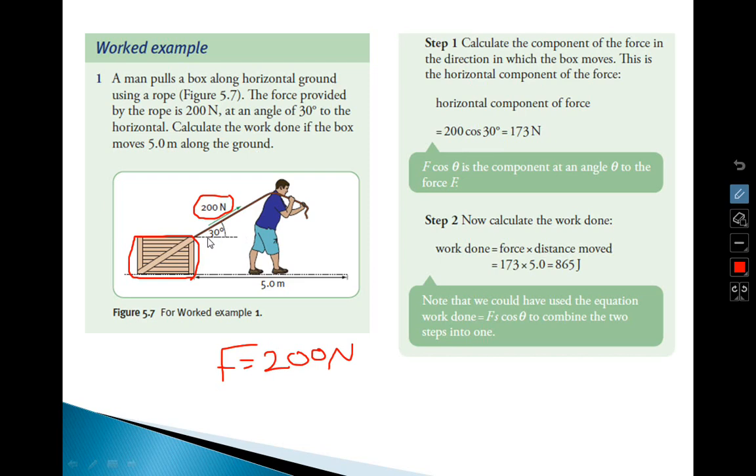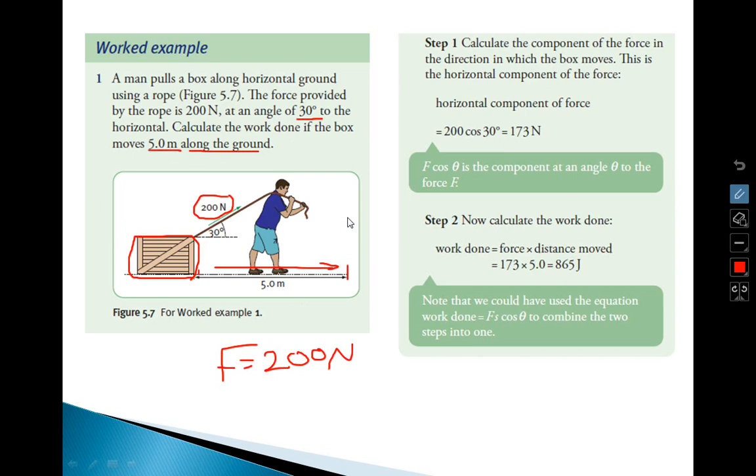And this force makes an angle of 30 degrees with the ground, or the direction of movement. The man is moving from this point to this point, for example. Calculate the work done if the box moves 5 meters along the ground.